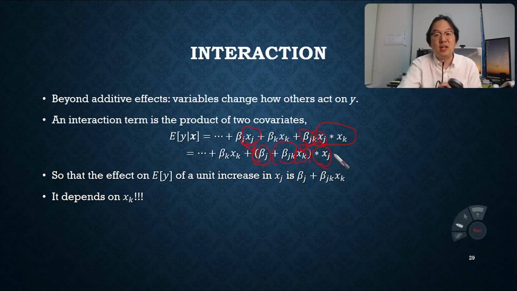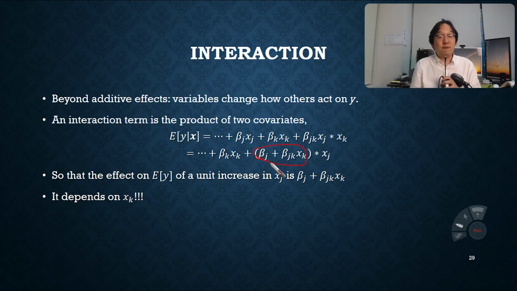Now you see the coefficient of xj is not just beta j, plus beta jk times xk should be your total coefficient over here. Okay, your interaction effect comes in over here. Usually in this setting, we take this guy, xk. Usually we work with a dummy variable.